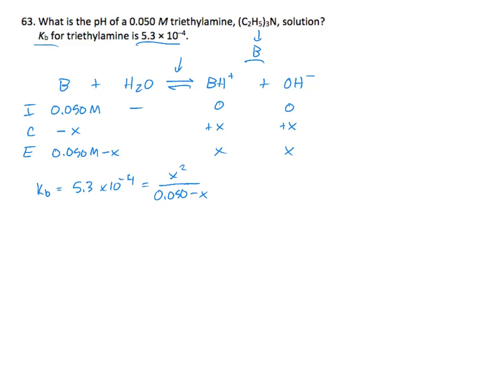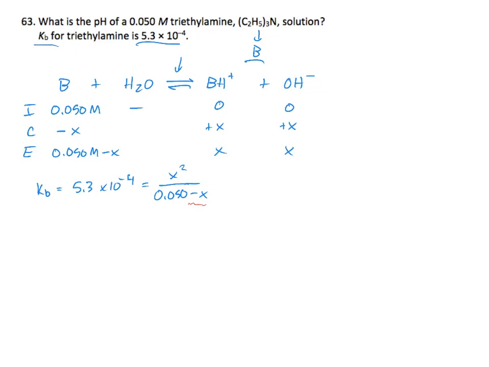Now this is a kind of equation that would be great if we could simplify it, and we should always look when we get to this stage of an ICE problem to see if we can eliminate that minus x, because it simplifies the math quite a bit. It allows us to avoid using the quadratic formula. We have a test.